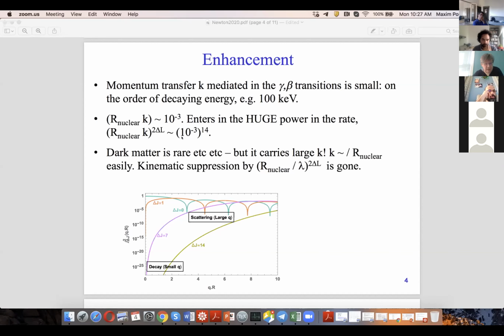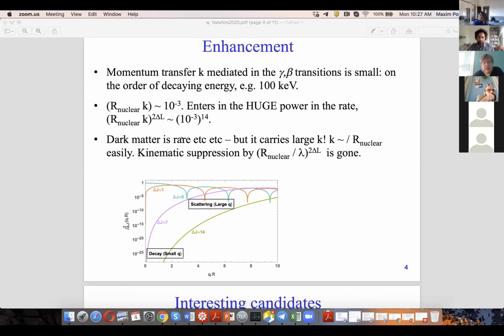I forgot to say, another possibility of having a large momentum transfer would be to, for example, scatter it on another heavy particle, on another nucleus, but the Coulomb suppression basically eliminates that process, so it doesn't happen with a large Q.